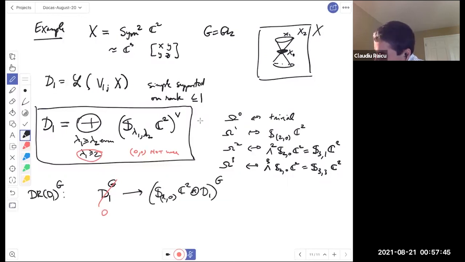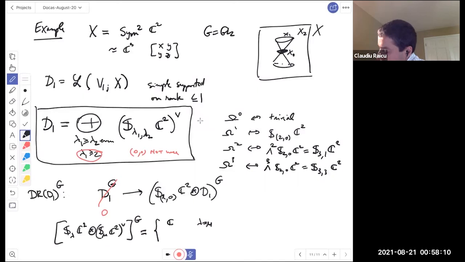So in general, because these Schur functors determine irreducible representations of GL2, if you want to have a G-invariant inside such a tensor product, then it has to be that lambda and mu are equal.